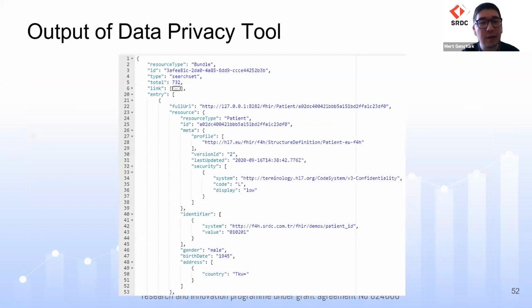For example, if you look at the fifth column, there are again 732 patients in here. If you look at the column number 32, there is a new meta tag on the data, which is security, and it is tagged as low risk because after the de-identification process, this data has a low risk to identify the patient.